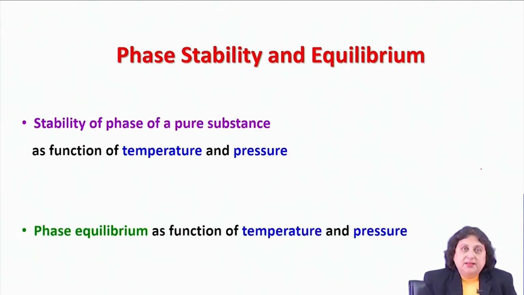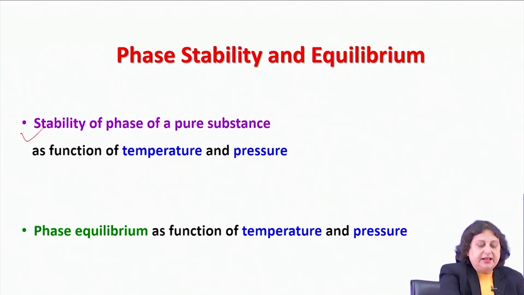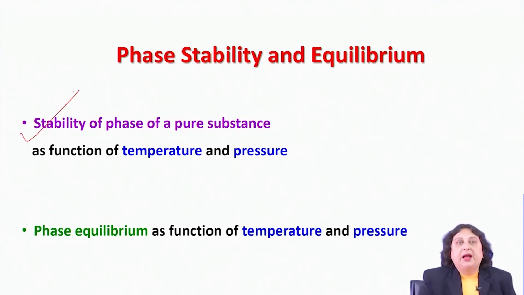And the second part in the discussion would be, if I now understand the stability of phases, can I think of the equilibrium between two or more phases as a function of temperature and pressure? So let us first take up this topic and try to connect it to the formalism of thermodynamics of open systems in terms of chemical potential.